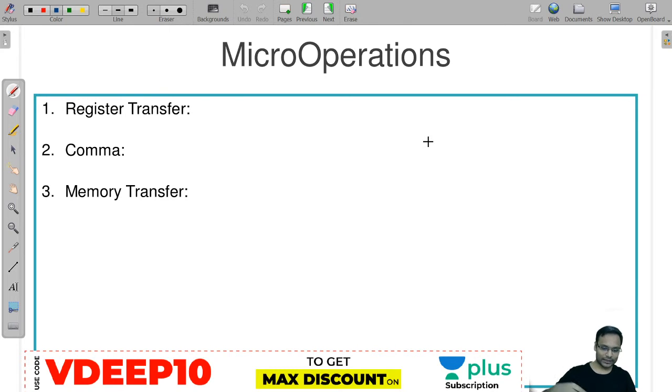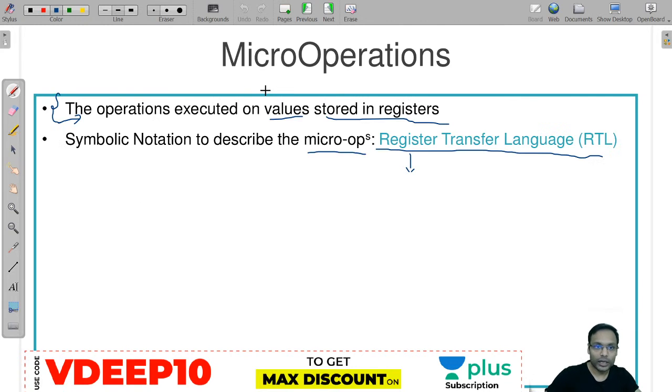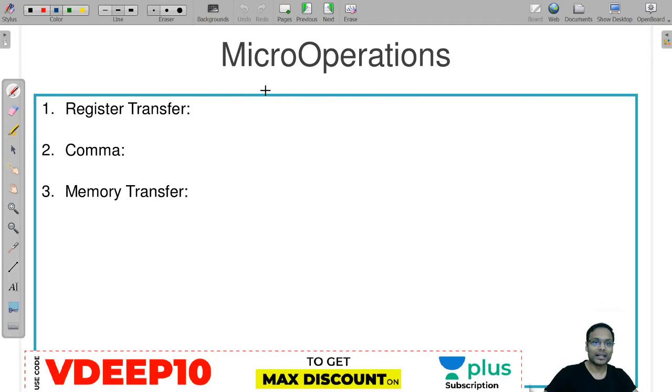Let's try to understand what types of micro operations there can be. Basically, these three micro operations we are going to cover today. If you want to denote a micro operation in RTL, how are you going to write it? For register transfer, just now I explained it this way, or some notations write it like this way.